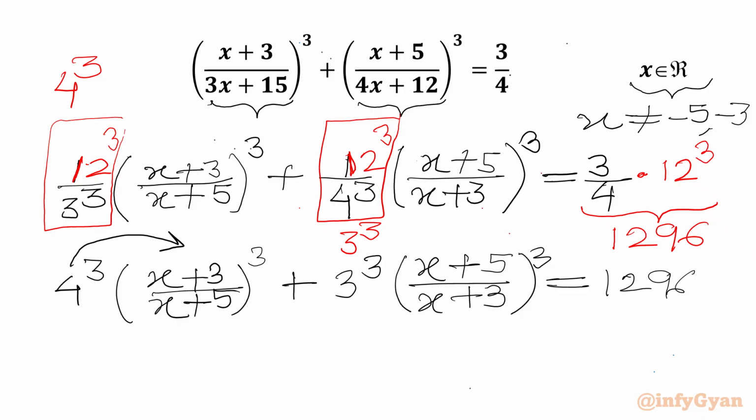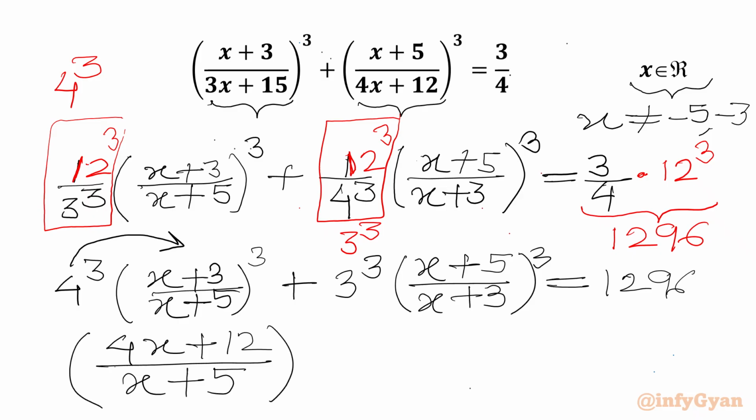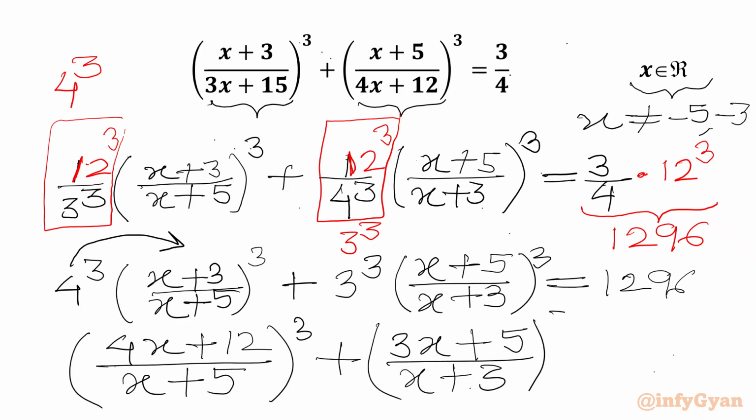So I can multiply 4 with the bracket's numerator. So I will write 4x plus 4 times 3 is 12 over x plus 5 whole cube plus 3 will be multiplied with x plus 5. So I can write 3x plus 15 over x plus 3 whole cube equal to 1296.